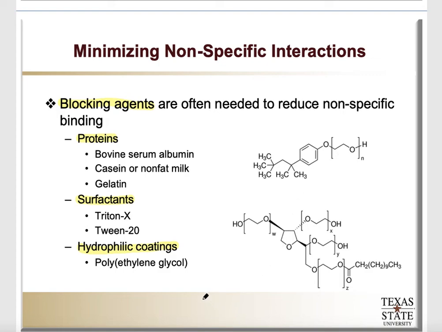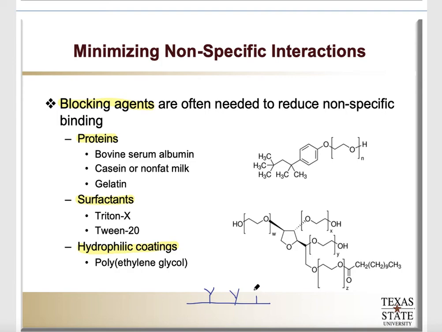All right, so once more, the role of these blocking agents is to prevent non-specific interaction of biological molecules with our surface where the detection is taking place. For example, this is going to be my surface, and that surface is functionalized with antibodies that are going to selectively bind and enable us to recognize particular analytes.